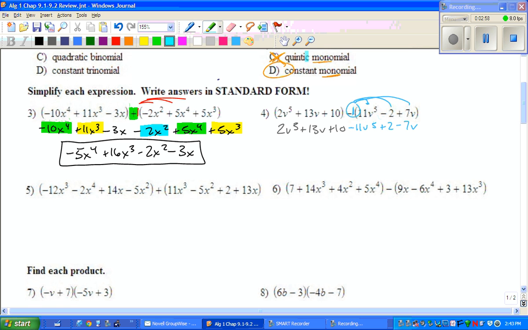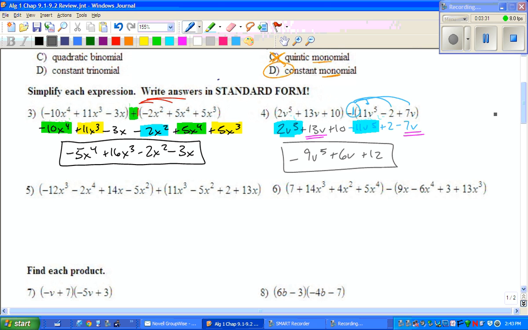I can't even read my own handwriting. So to the 5th and to the 5th right there. That gives us negative 6v to the 5th. Let's try 9. Because 2 minus 11. The v's, 13 minus 7 gives us positive 6. And 10 plus 2 is 12.